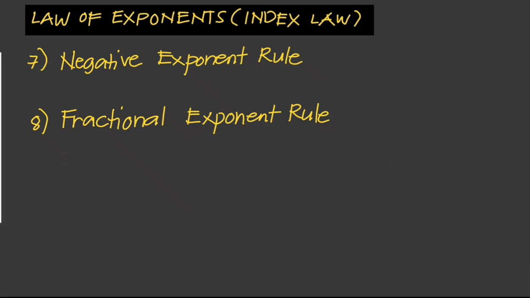And then we have the negative exponent rule. Let's say we're given a to the negative m, then we can just write that as 1 over a to the m. Then we have the fractional exponent rule. Let's say we're given a to the power m over n.